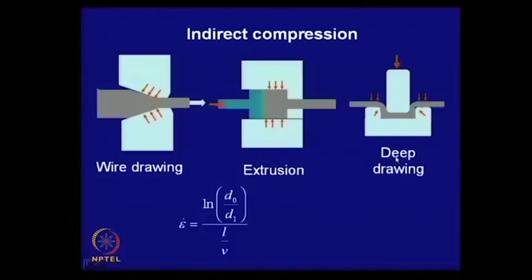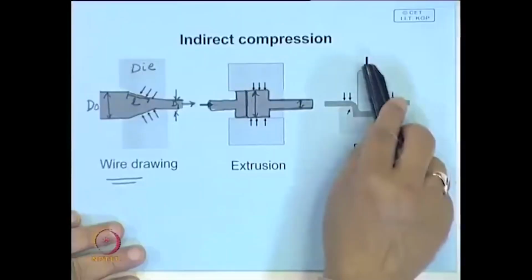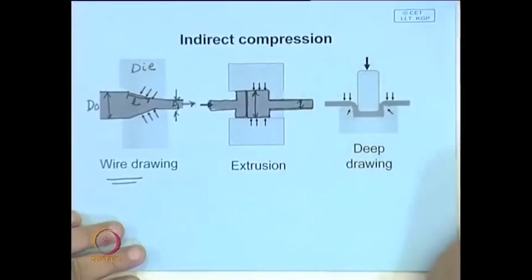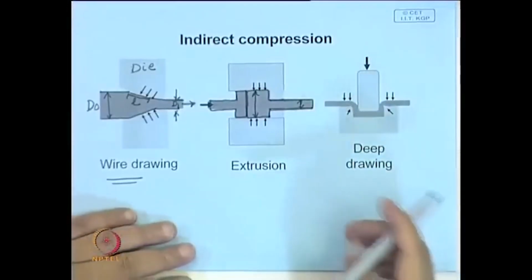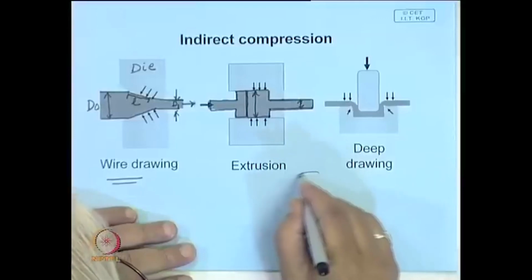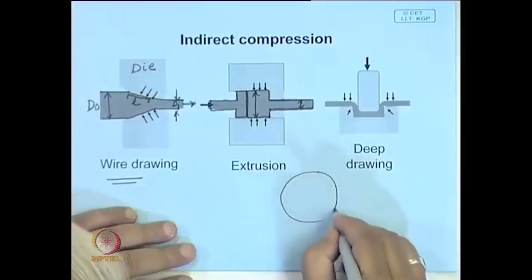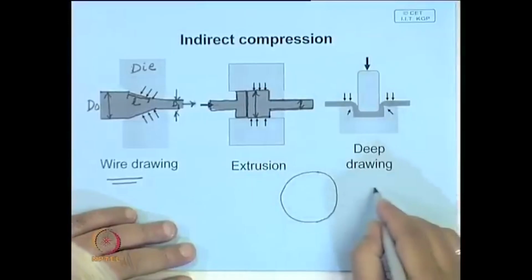Now, deep drawing is another method of forming, and often we say that this is the final step of forming, where you take a thin sheet placed in a die, and a mandrel pushes the material into it. Suppose you have a disc put in a die.